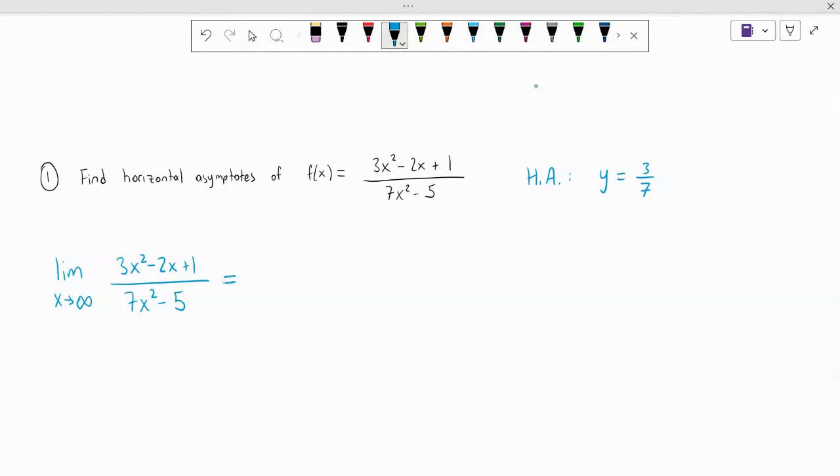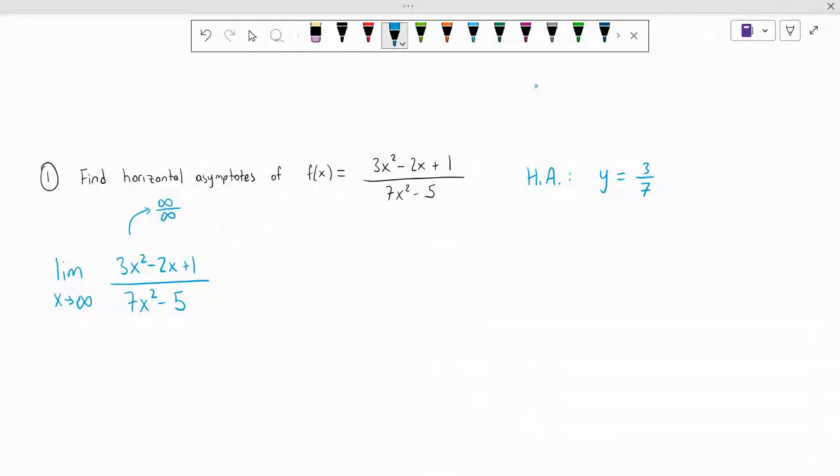Okay, so here, if you try to plug in infinity for x, it doesn't work very well. You can say that if you plug in infinity for x, you would get an infinity over infinity indeterminate form, okay?